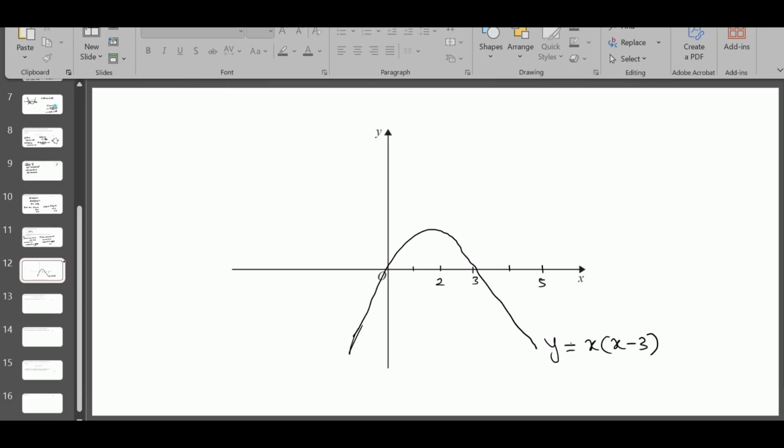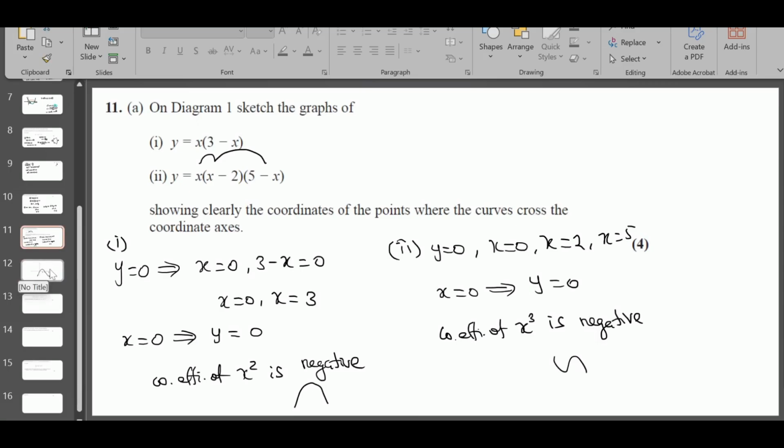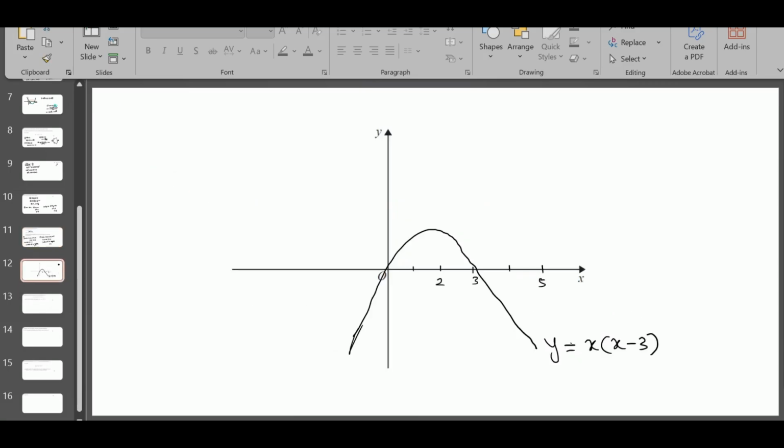That's a parabola. And then the cubic one passes through 0 to 5. So it has to be, oh no, it has to be like this actually. 0 to 5. Label it x times x minus 2, 5 minus x.